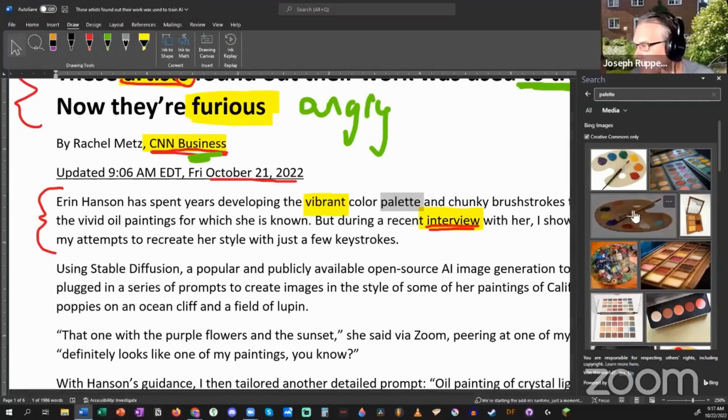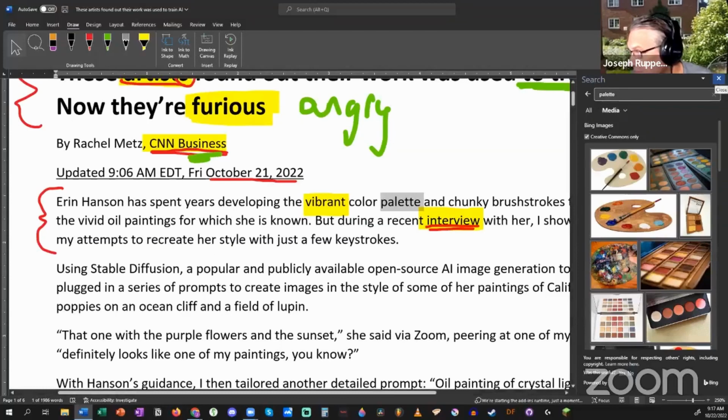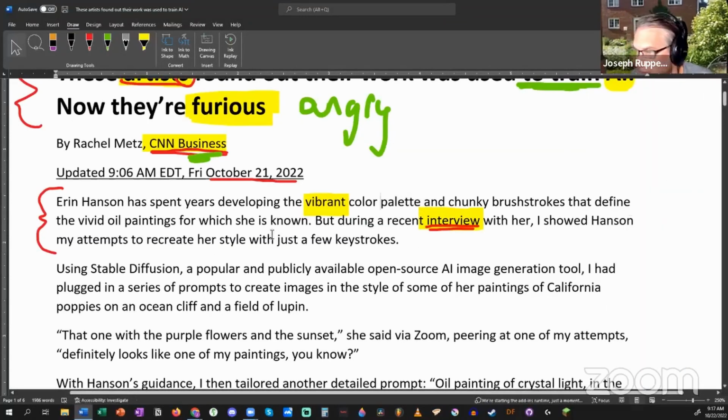As an artist, I might use a palette to paint, but I can also use this word to describe the range of colors that an artist is using. Do they have a narrow palette, limited palette, wide palette? Vibrant color palette means we don't see a lot of black and brown and gray, but a lot of bright colors. Okay, cool.